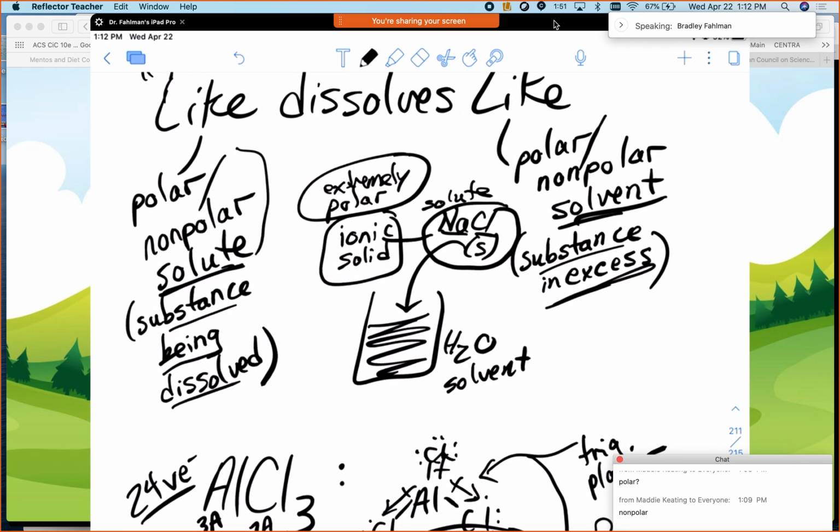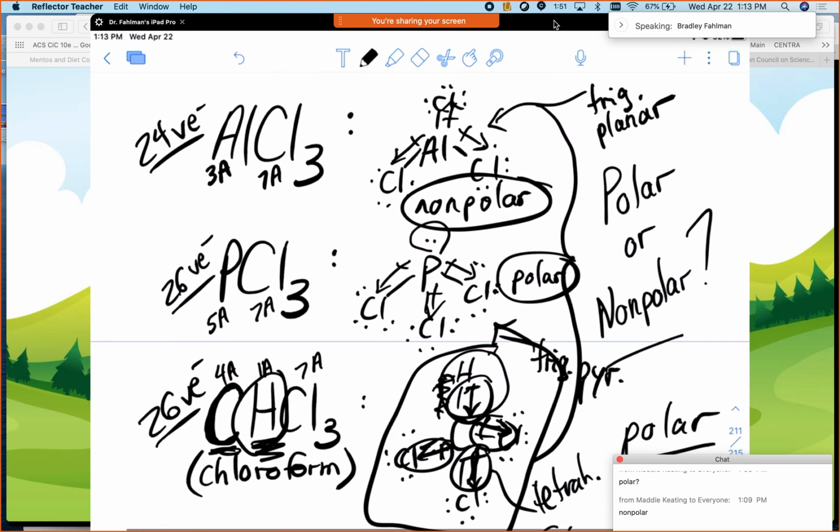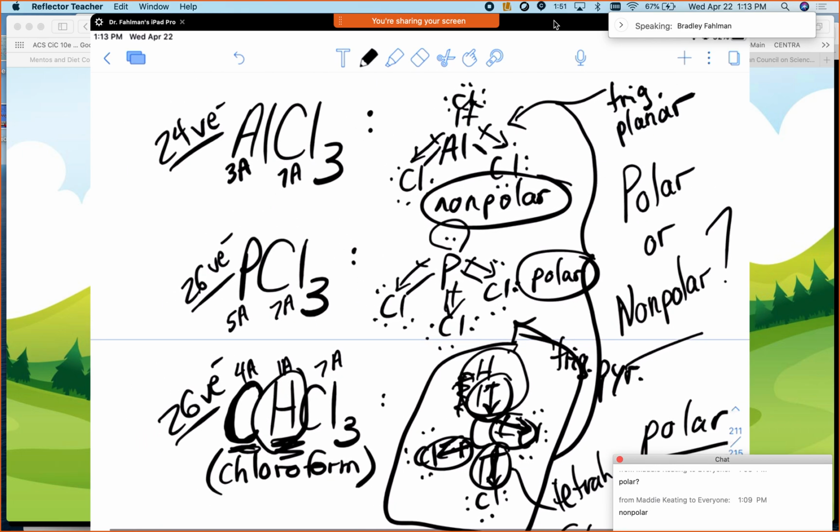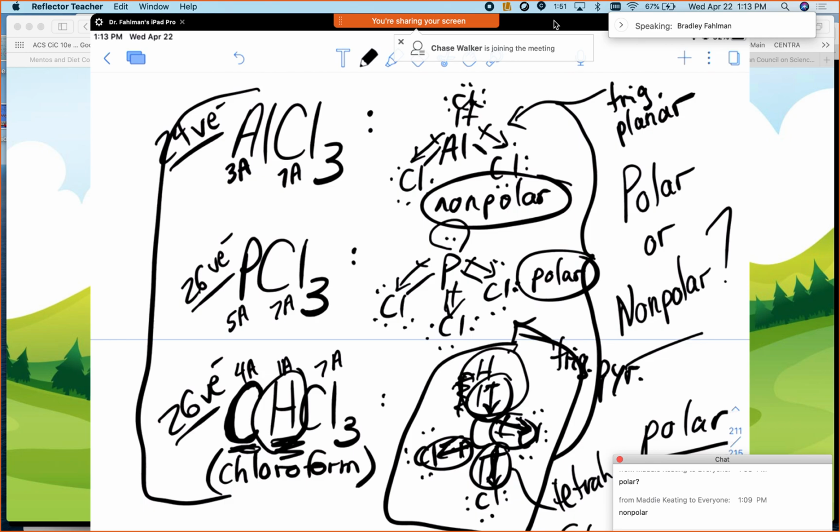With these that we looked at, that I've scribbled over here today, which ones do you think will be soluble in water then? So if you take aluminum chloride and you put it in water, is it going to dissolve or not?